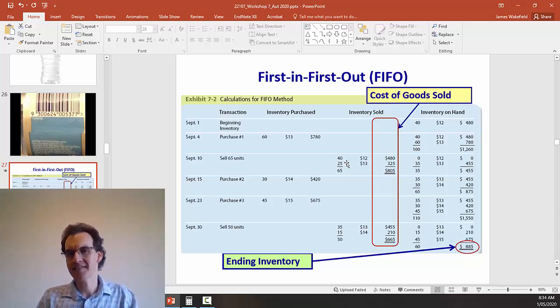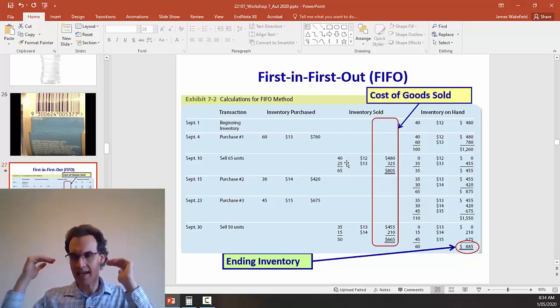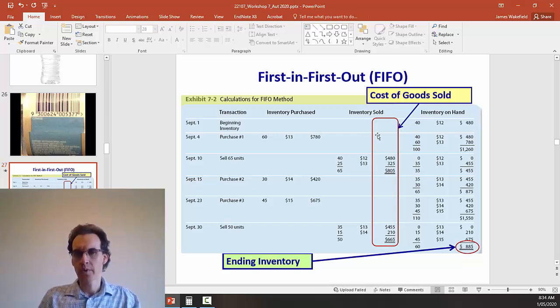So once we completely sell that 40 units at $12 each, we then assume we get into the second lot of inventory, which is the 60 units we paid $13 each. So we sold 40 from the first lot we had available, which means to bring this up to 65 units, we need to take an additional 25 units out of the next lot we got in stock, which cost us $13 each.